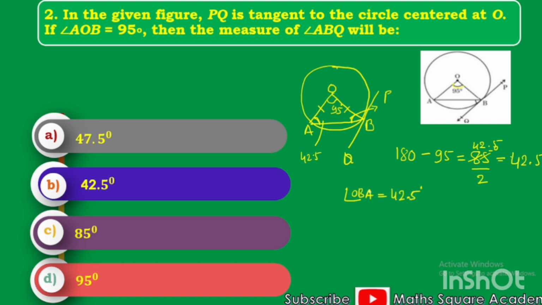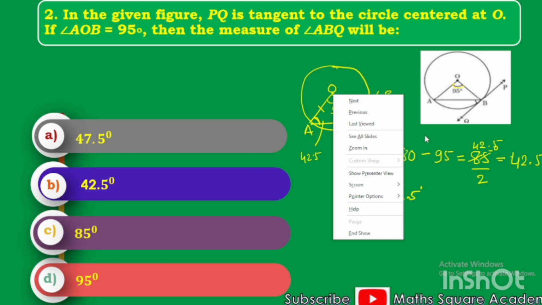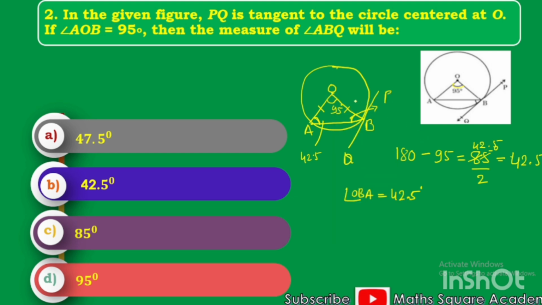Now we want ABQ. From the figure, you know the property that the line joining the center to the tangent is always perpendicular.